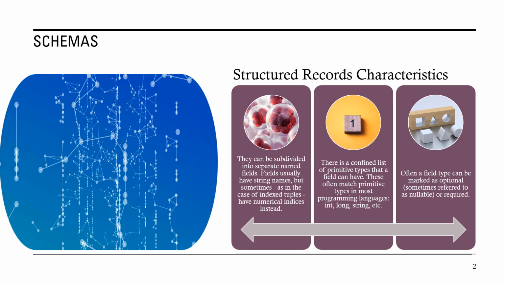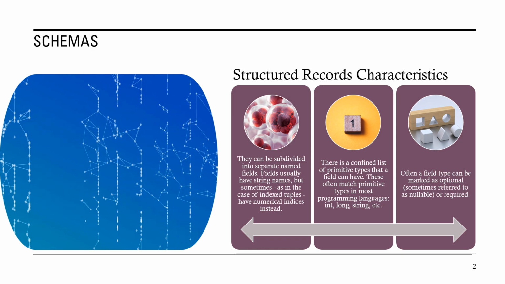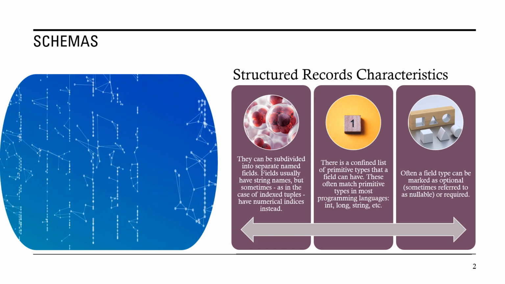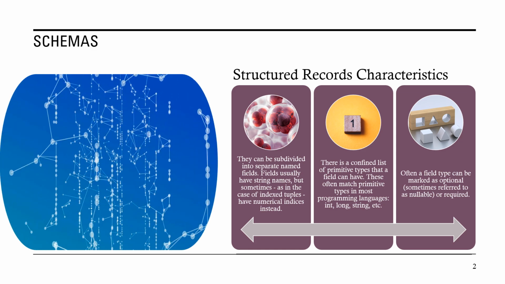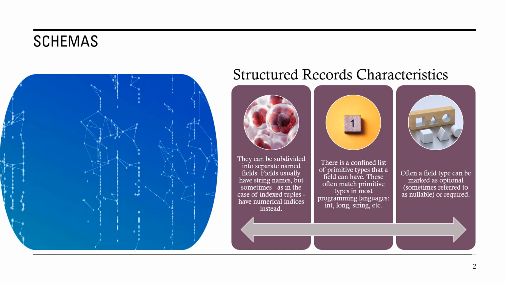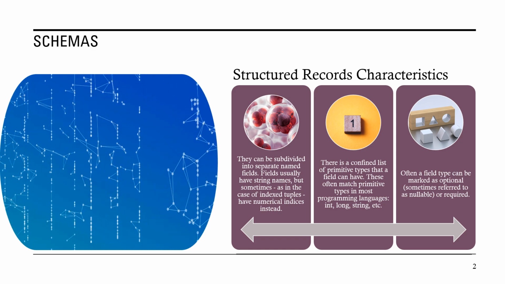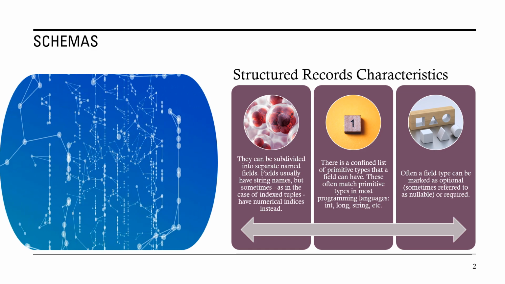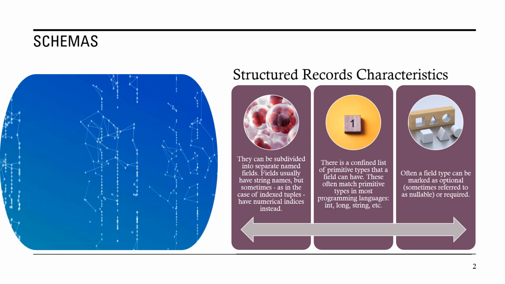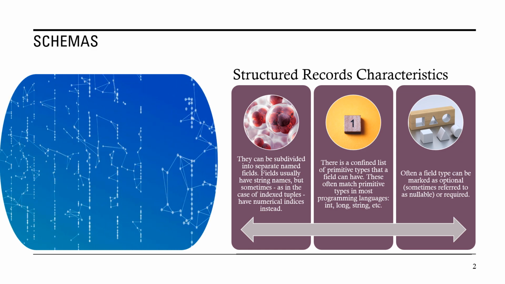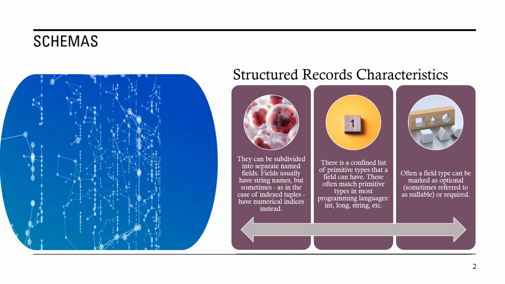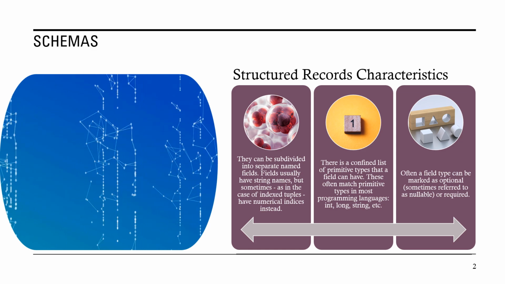Most structured records share some common characteristics. They can be subdivided into separate named fields. Fields usually have a string name, but sometimes, as in the case of indexed tuples, have numerical indices instead. There is a confined list of primitive types that a field can have.